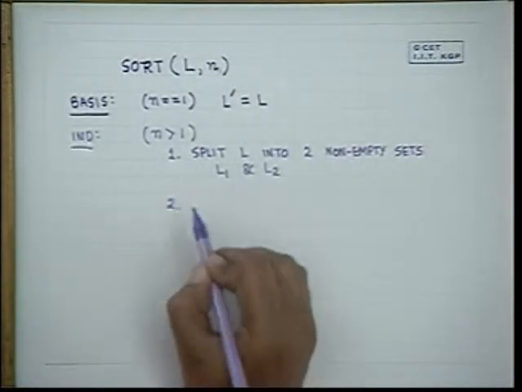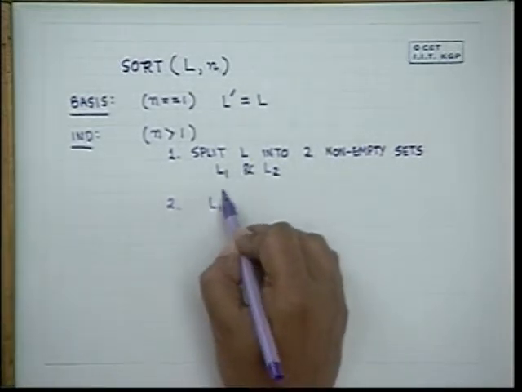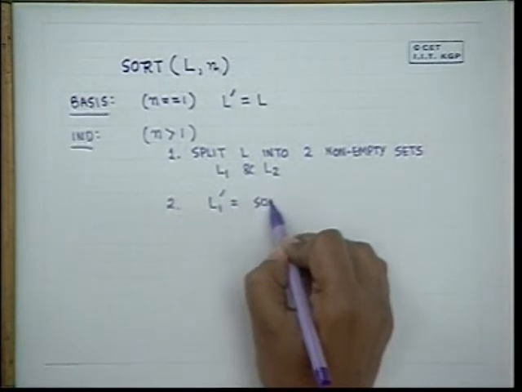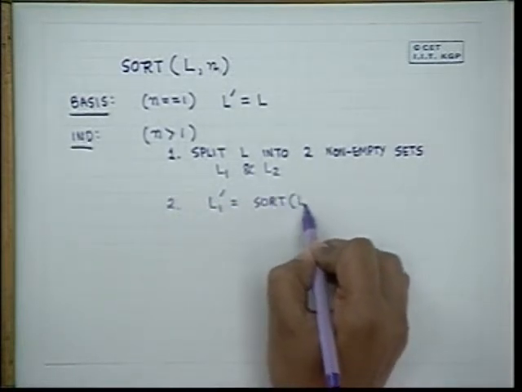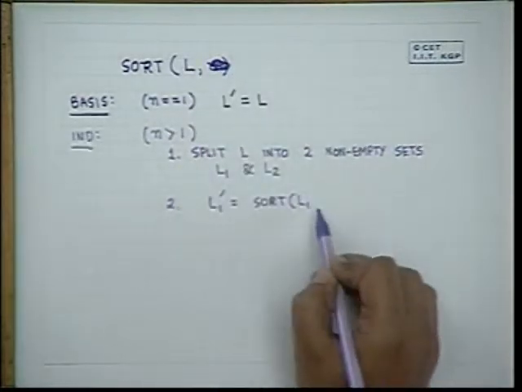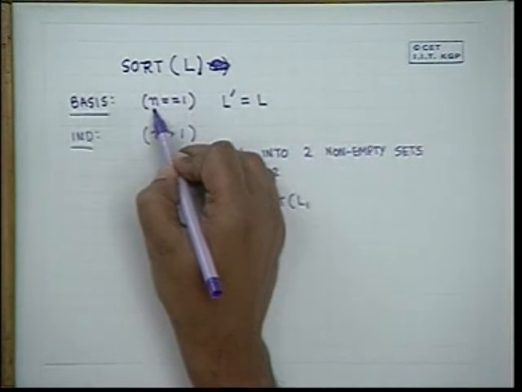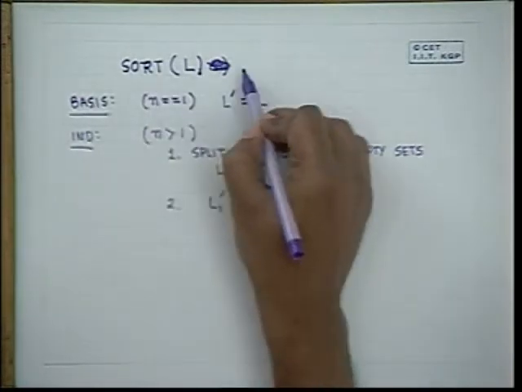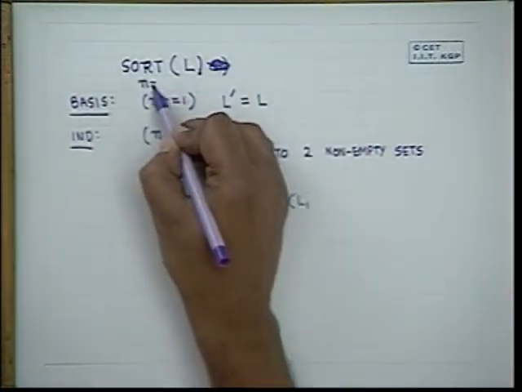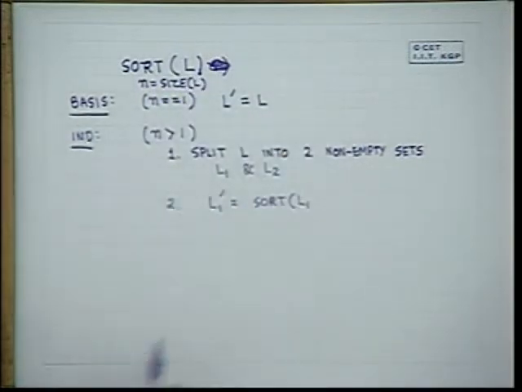The second step is the inductive step. L1 dashed is sort L1. You can compute the size of the list, here this means size of L. So first thing you can do is n is equal to size of L. You can sort L1.